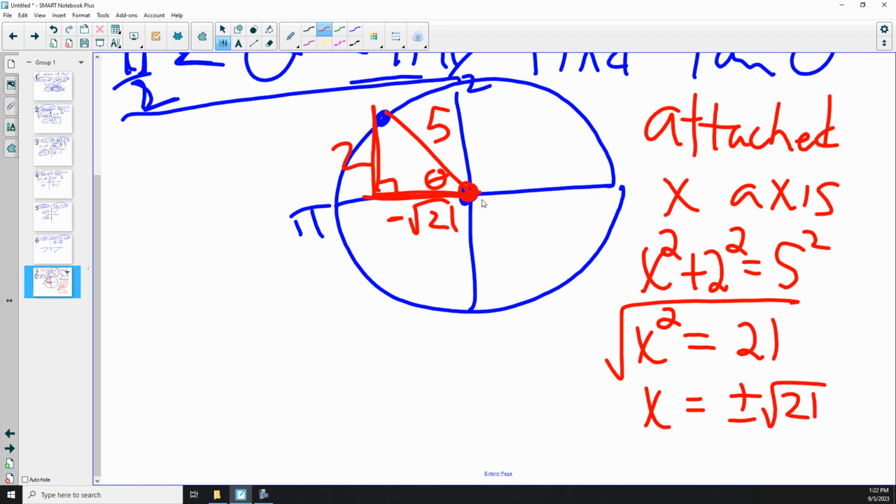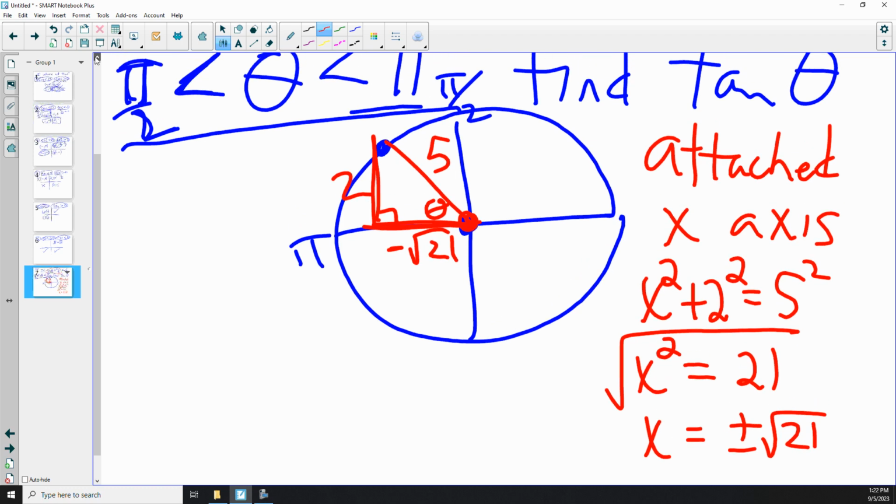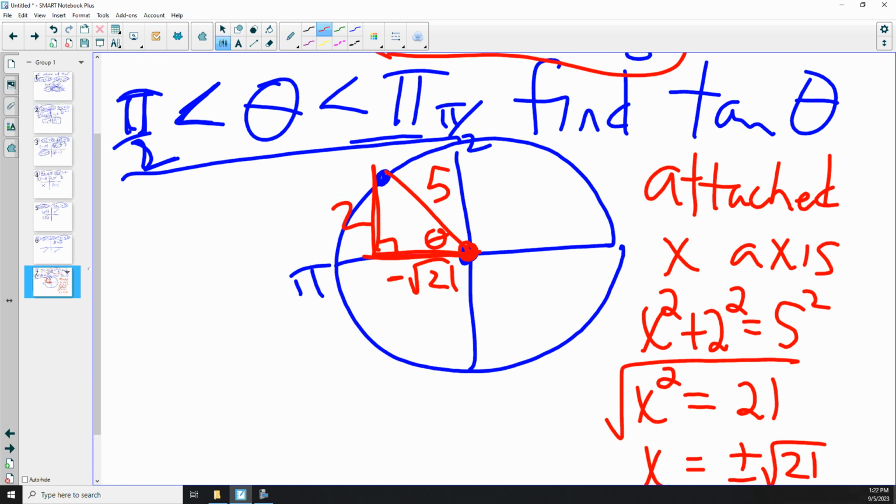Not part of prime time. But a lot of people would say, oh, you're not on the unit circle. And they're right. The radius of the unit circle is 1. The radius of this circle is 5.